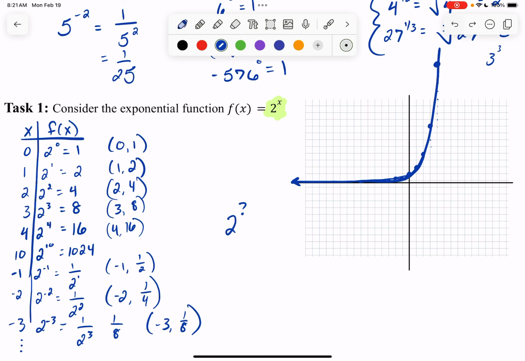If that b is smaller than 1, like 1/2 or 1/3, or we know it can't go negative, and we discussed that up here, it has to be bigger than 1 for it to have that growth.